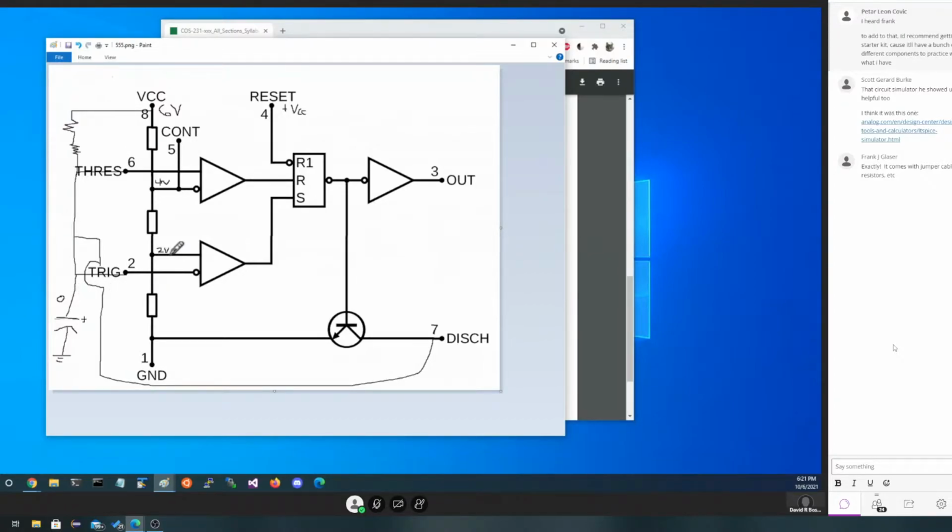If I take 2 volts and subtract 0 volts, I'm going to get 2 volts, which is a positive number, which means I'm going to be pushing this button right here. I'm going to push set. Set means make the output a 1, but since it's inverted, it becomes a 0. So that means we have a 0 on this line right here. And since the emitter and the base are both 0, the transistor at this point is off.